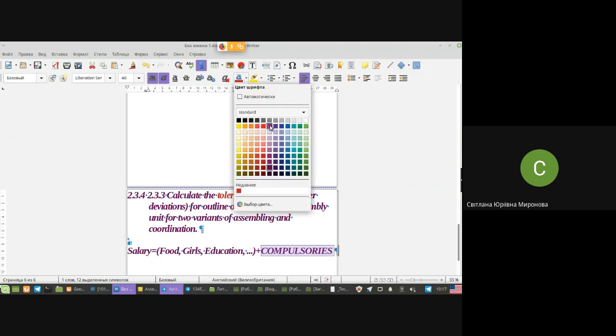And what will we understand as these compulsories? Rent and money for transport.